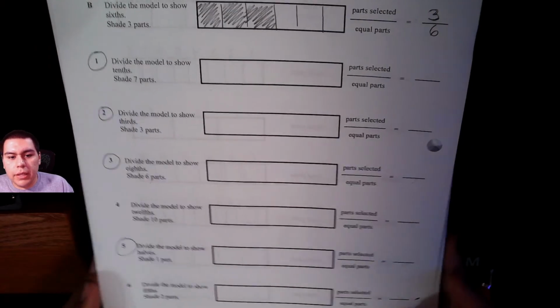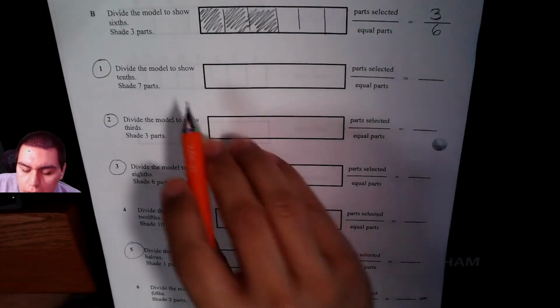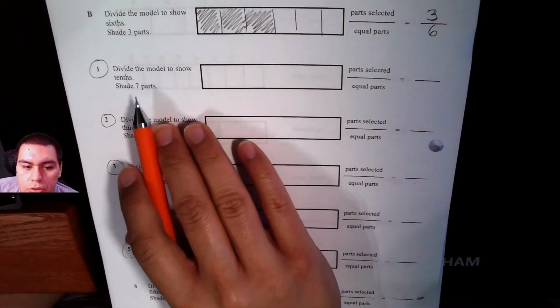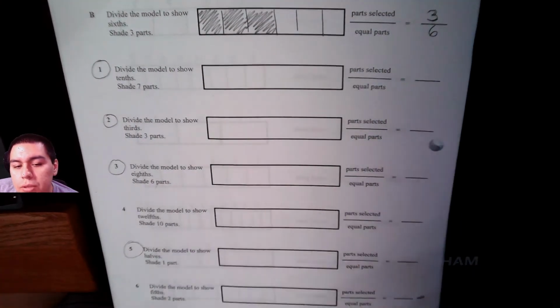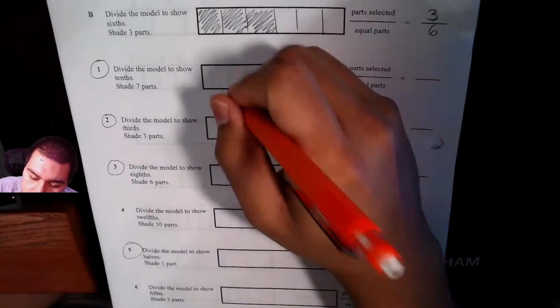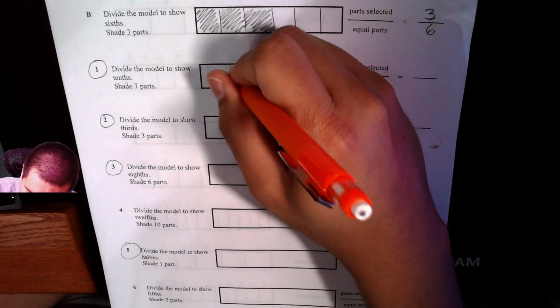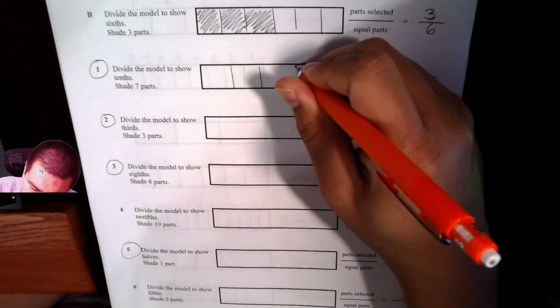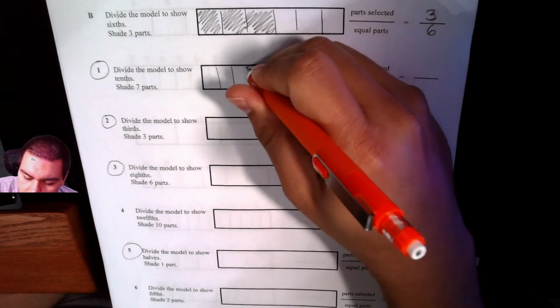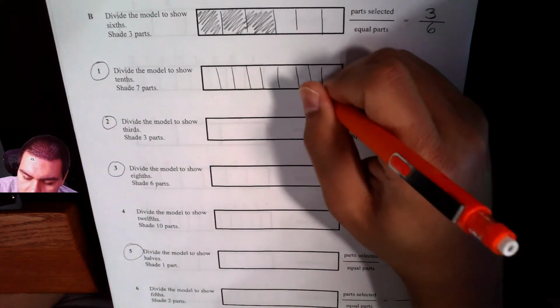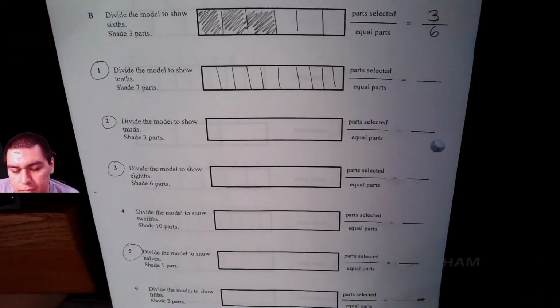I'm going to start by looking at problem number 1. It says, divide the model to show tenths. So I need to divide this model into 10 pieces. I'm going to start by dividing it into fifths, then dividing those fifths in half, so I get 10 pieces.